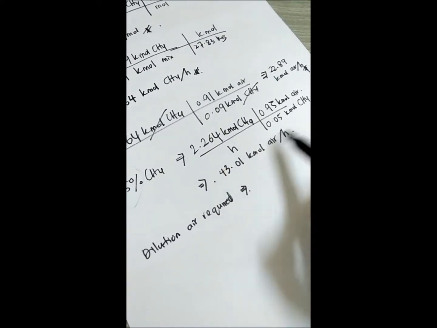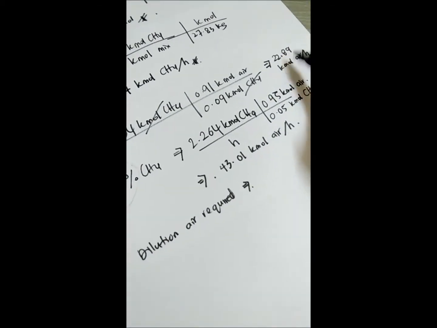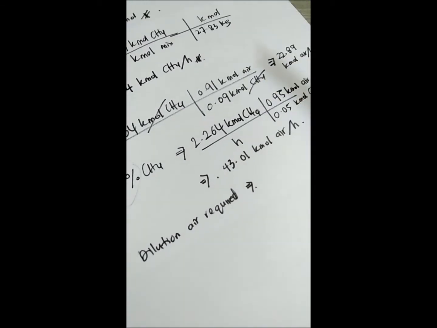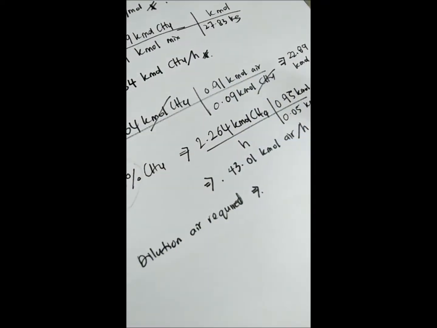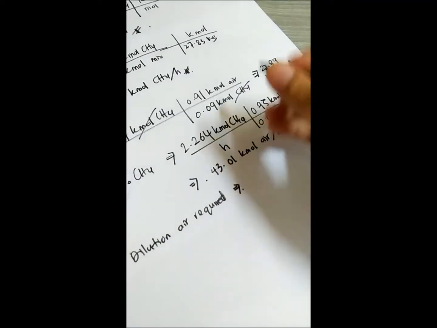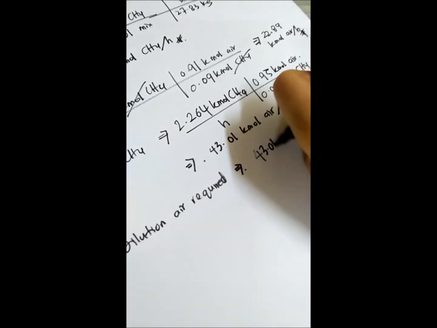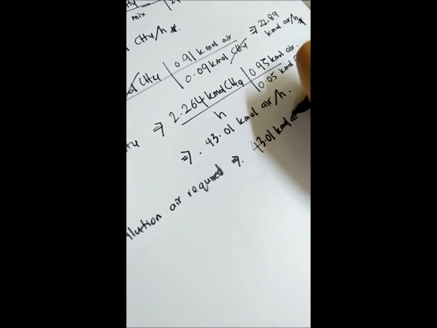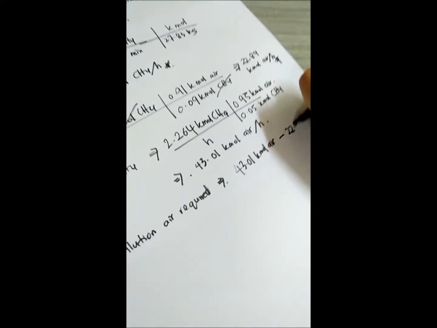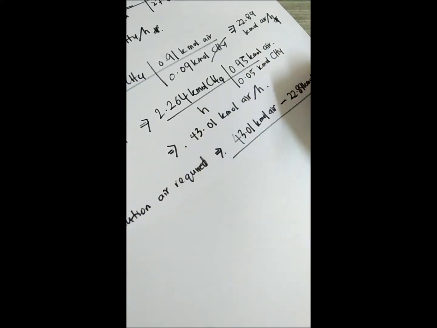Use this value minus this value, so you get the molar flow rate of air required for dilution. Here, 43.05 kilomole air minus 22.89 kilomole of air per hour.